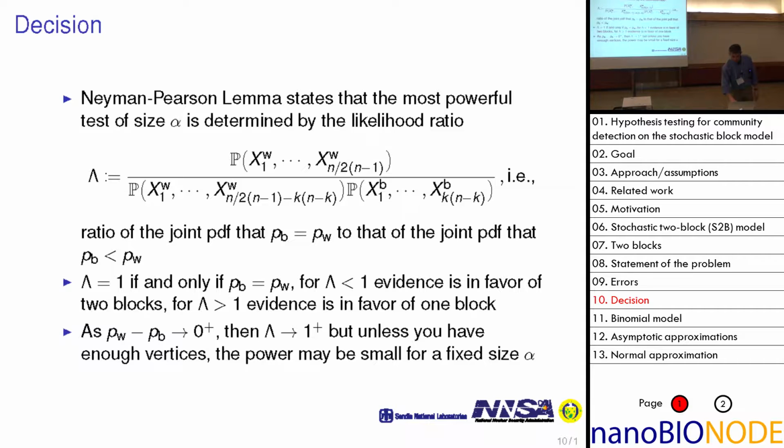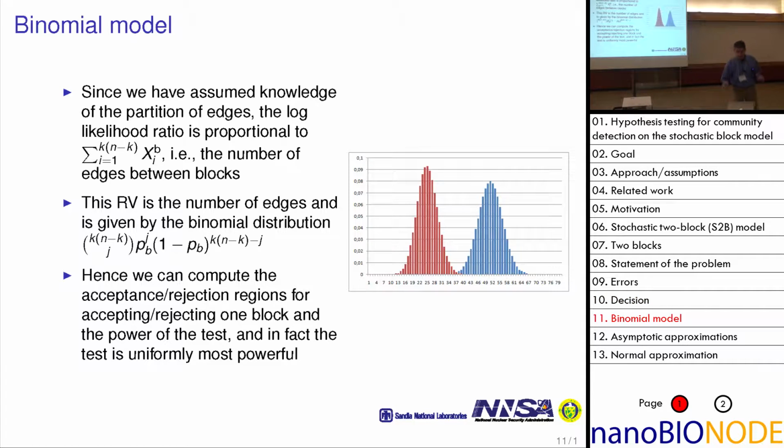So that's what a lot of this analysis revealed: what these ratios are. We just discussed this binomial model, and if you plug in those probabilities and work through some analysis, you can show that the likelihood ratio is proportional to the number of edges between blocks. This random variable, the number of edges, is given by this binomial distribution, right?